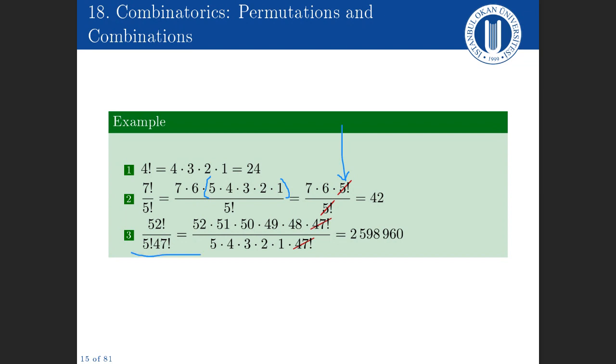Likewise, and I leave this one for you to check, 52 factorial divided by 5 factorial times 47 factorial is 2,598,960. Put that into your calculator and check that for me, please.